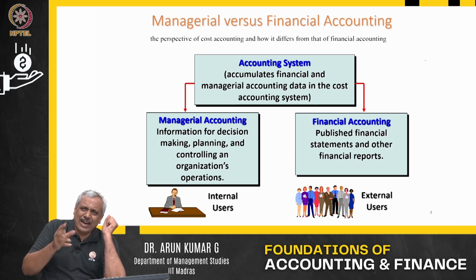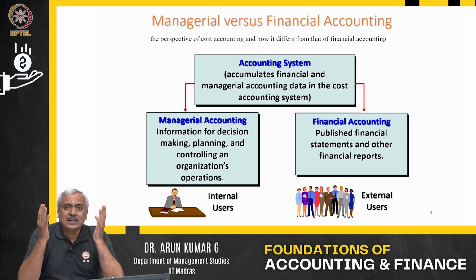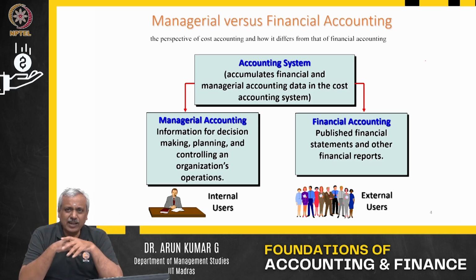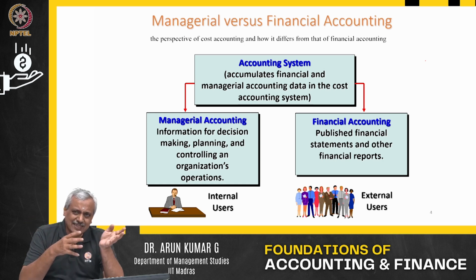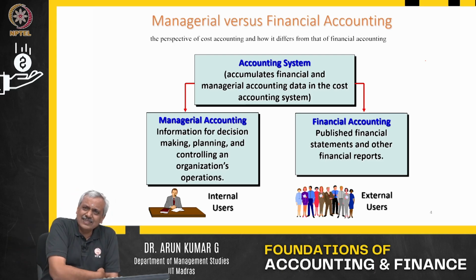For example, if I have to plan, the organization says I manufacture 3 different kinds of product, and this particular month I want to make a profit of a lakh. Each of these products has a certain cost behavior and a certain market.